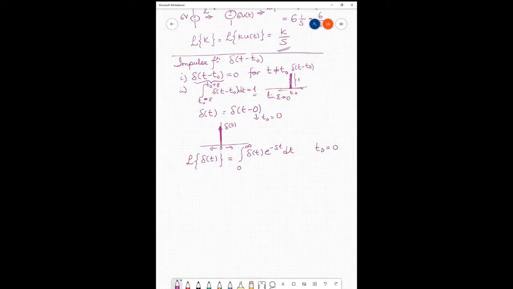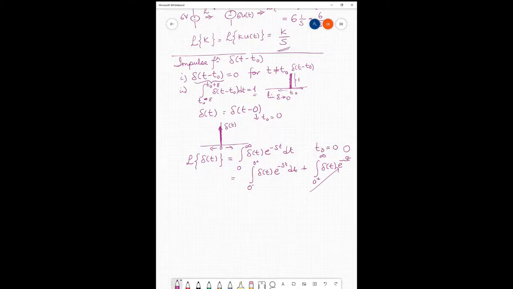So if we, for example, split this integral into 0 minus to 0 plus of Dirac at t times e raised to minus st dt, plus the integral from 0 plus to infinity of Dirac at t times e raised to minus st, then that second value is going to be 0, right? Because the Dirac function is not defined outside that limit.